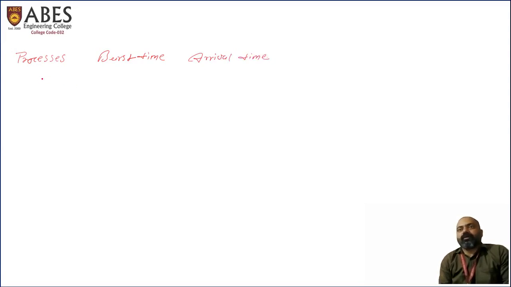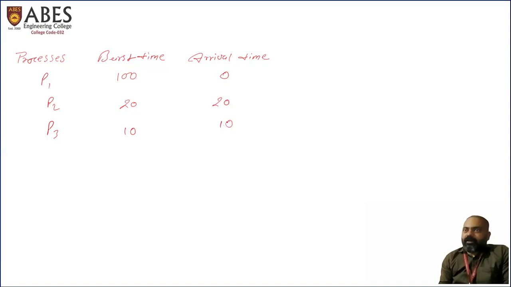So here we take three processes P1, P2 and P3. Their respective burst times are the same: 100, 20, 10, and arrival times are 0, then 20 and 10.